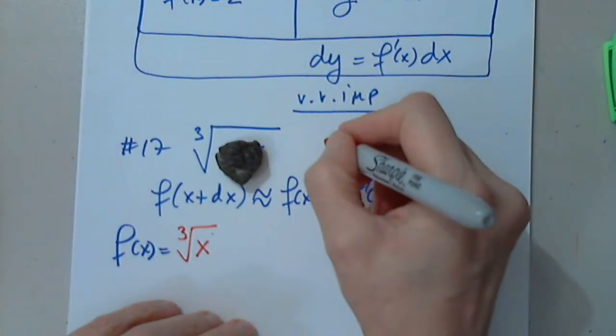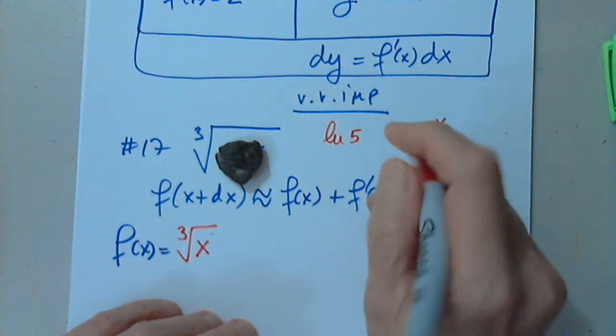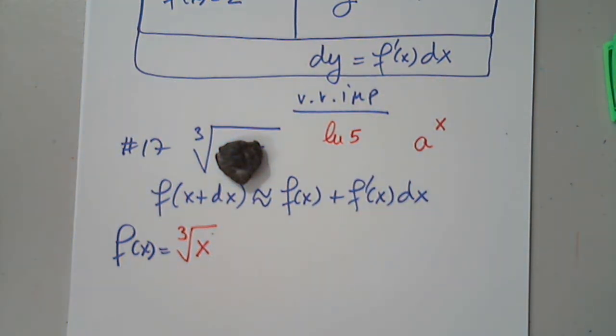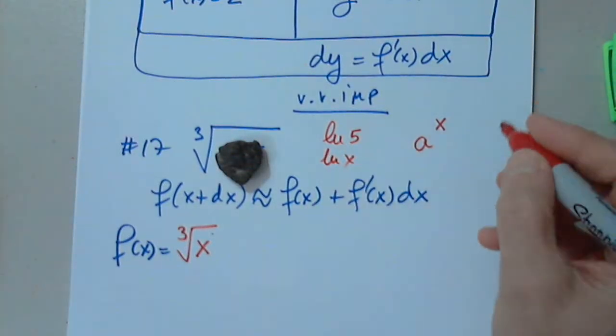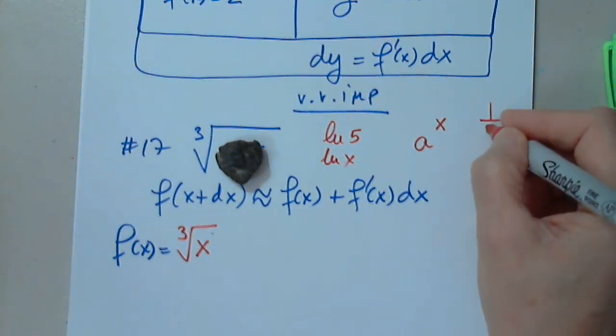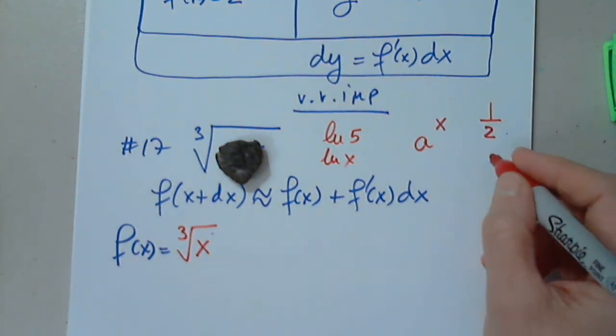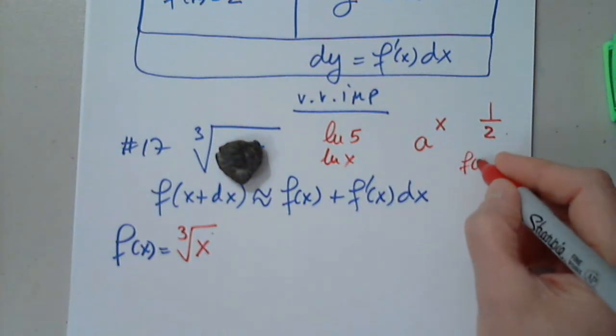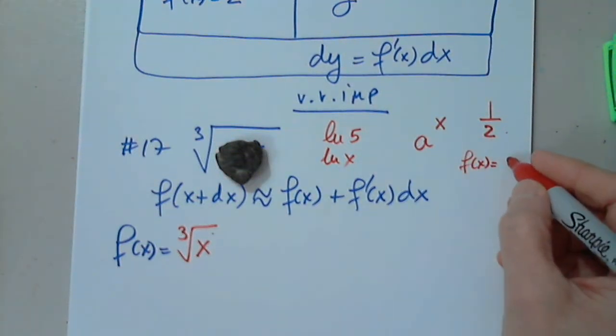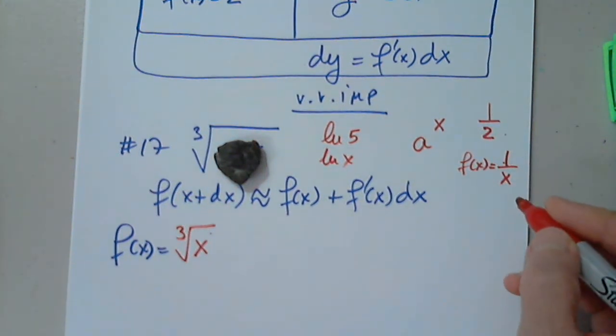What if I say natural log of 5? Which function is applied now? The natural log of x. What if I say 1/2? Which function is applied in this case? A rational function, 1/x.